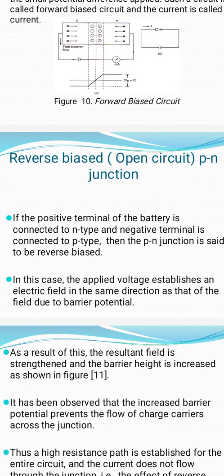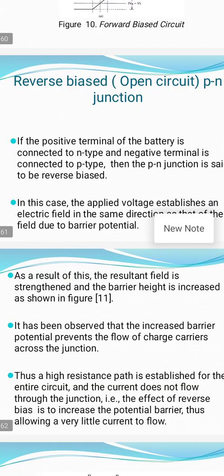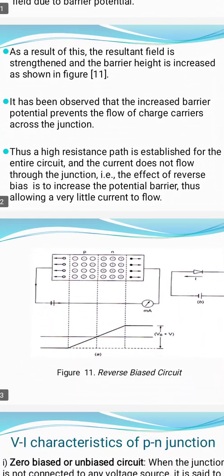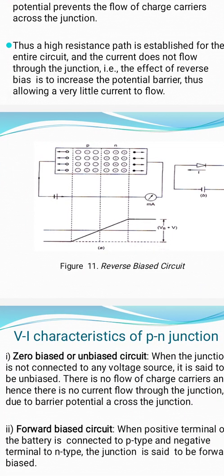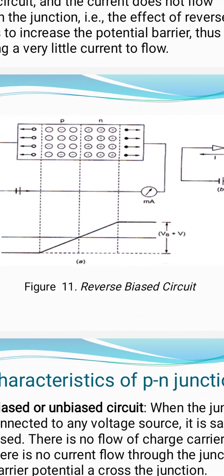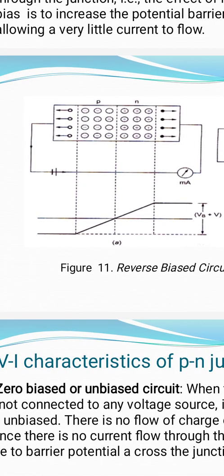Reverse bias. See here figure 11. In the PN junction, the p-type semiconductor is connected to the negative terminal of the battery and the n-type semiconductor is connected to the positive terminal. Then we can say it is under reverse biasing.